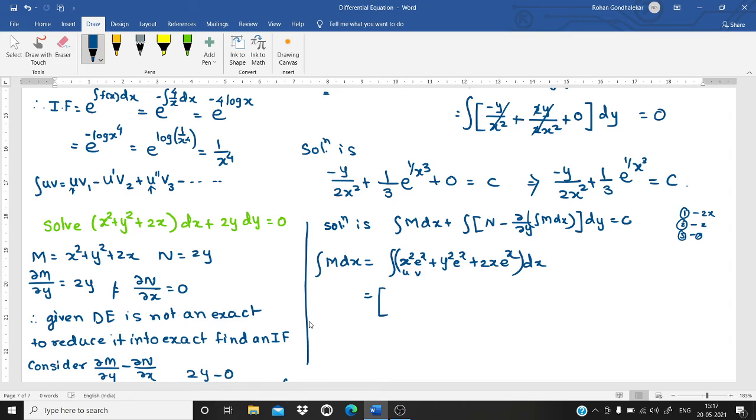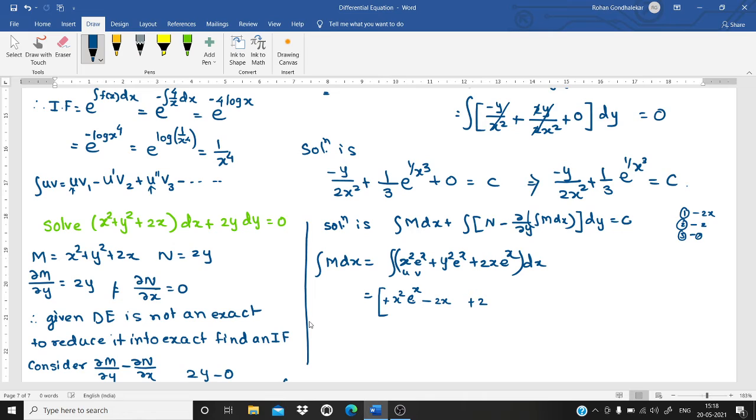So hence the first term is positive, the second term is negative, the third term is positive. In the first term, the u as it is. In the second term, the first order derivative 2x, and in the third term, the derivative of 2x is 2.